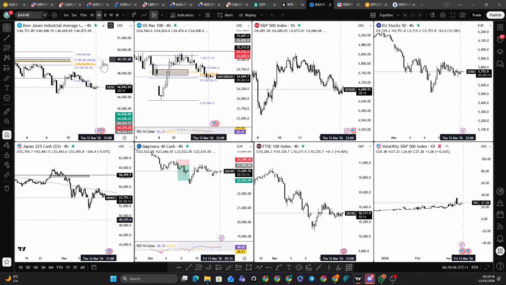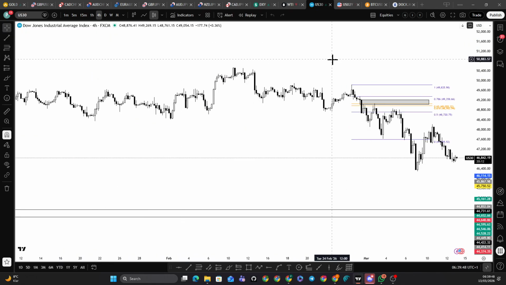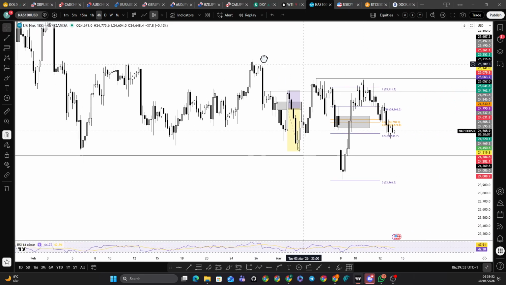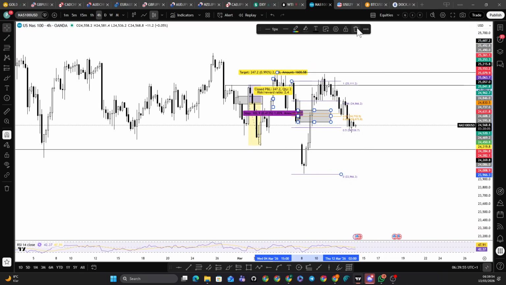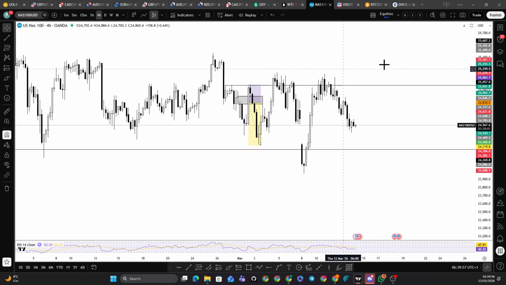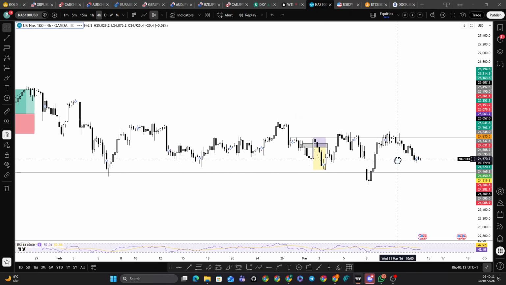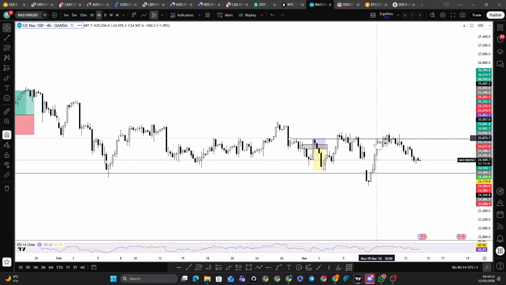And equity markets, let me delete this messy chart. This week started with a gap, and that gap was filled because of Trump's comments. He gave some comments on easing of the war, but it's not valid.